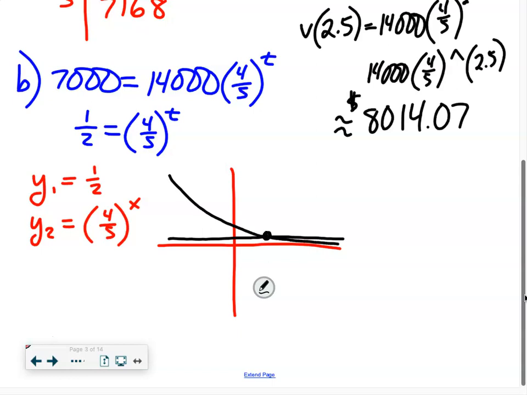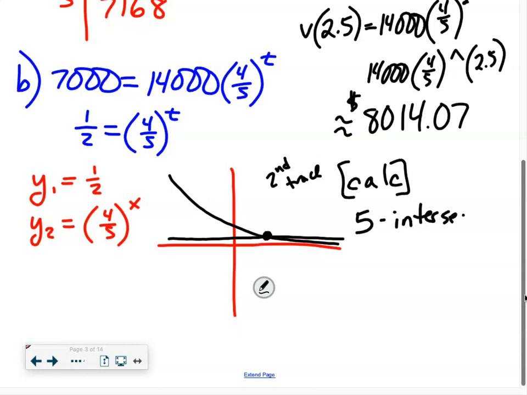And you're looking for this point of intersection, and the way you get there is you go to calc, which is second trace. So you go calc, and then choice 5 is intersect. I think we've done this before, but let's just do it again anyway. Then you hit enter on your first curve, enter, enter, and if it asks you for a guess, just hit enter again.